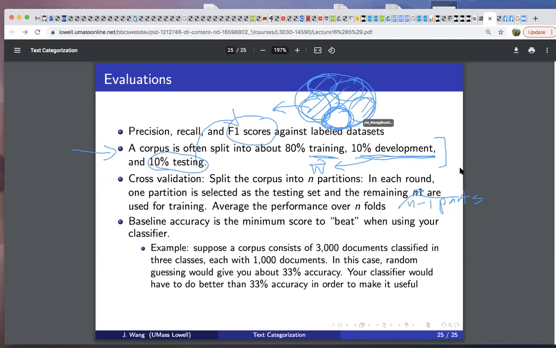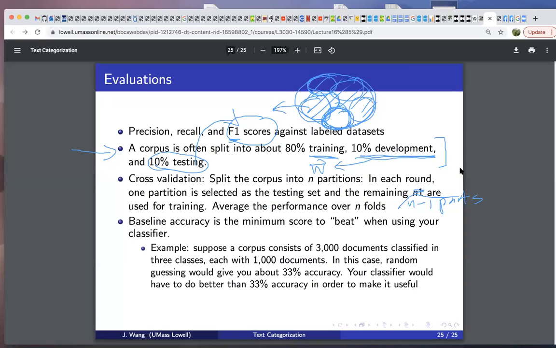So I get an F1 score from the earlier training, and then here I get another score from this training. Ultimately, we're going to get several such scores, and we take the average. So we get n-fold, that's why we have n-fold. We run this n times because you are dividing them into n partitions.